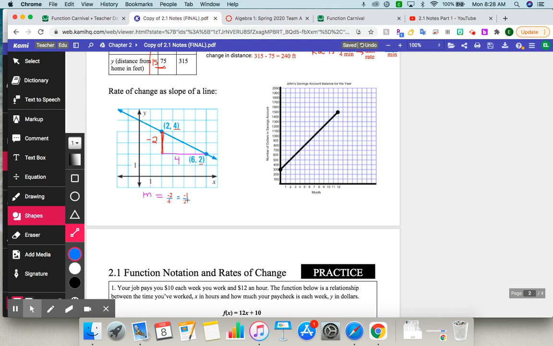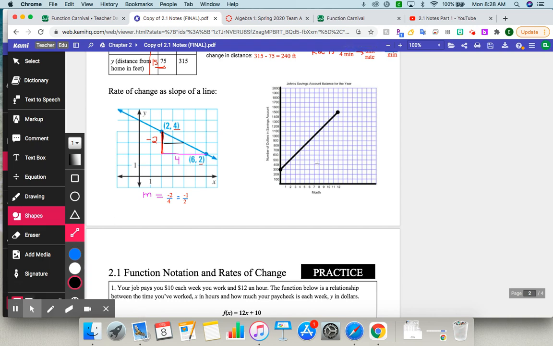But then that simplifies to -1 over 2. And I can see that that is the same, because if my output changes by -1 and my input changes by 2, then I'm still creating another point that falls on the line.